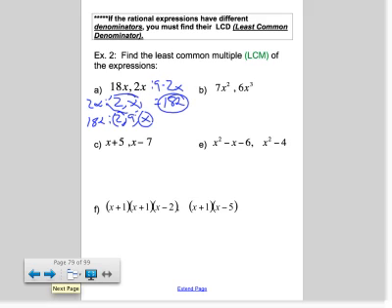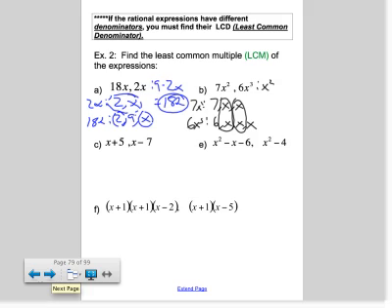Okay. In part B, again, for the first one, for 7x squared, you have 7, x, and x as your factors, and then for 6x to the third, we have 6, x, x, x. Okay, and so what you do is, again, you identify any that are the same in both. So for example, those x's and those x's are the same, so I know I at least have an x squared.